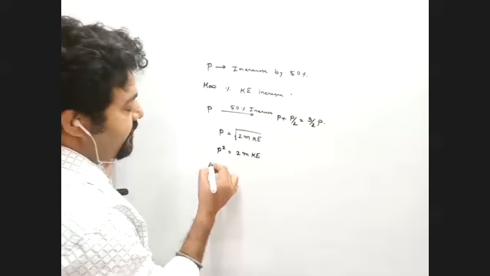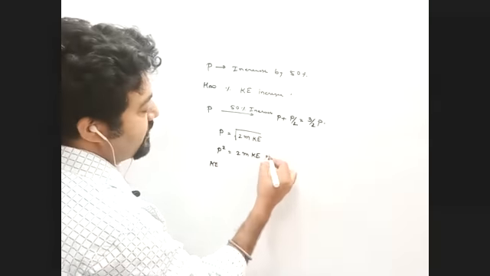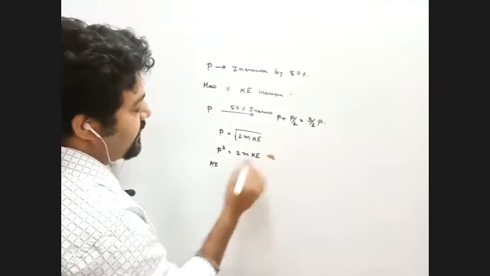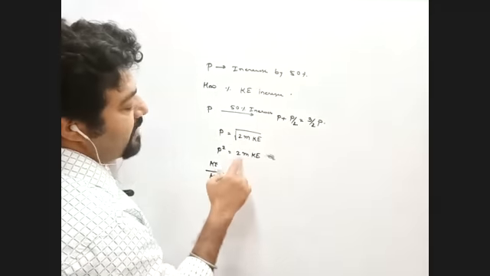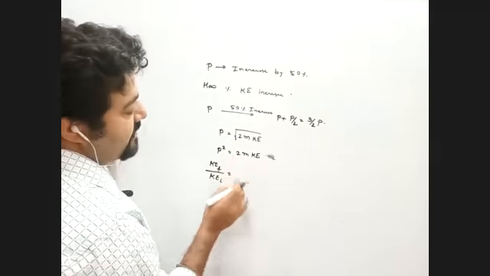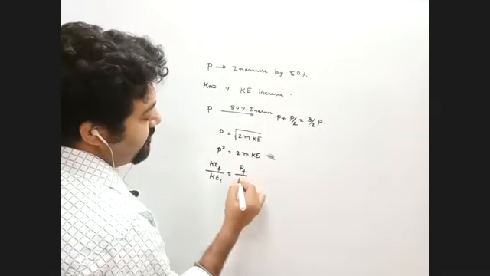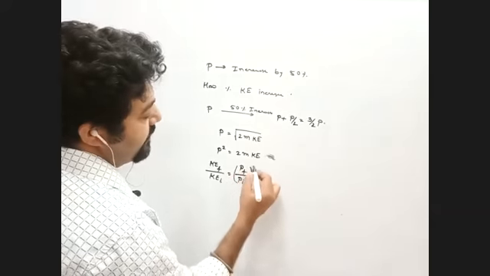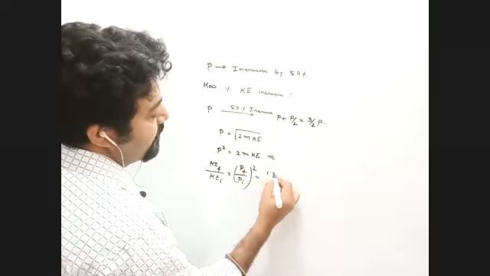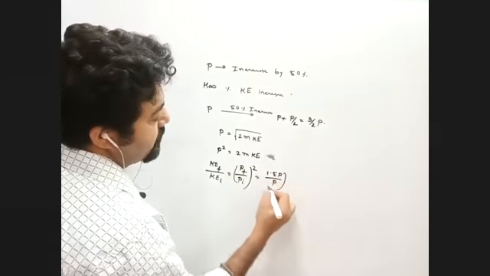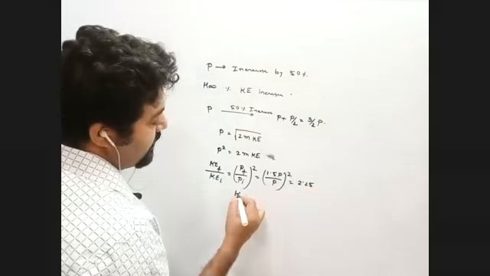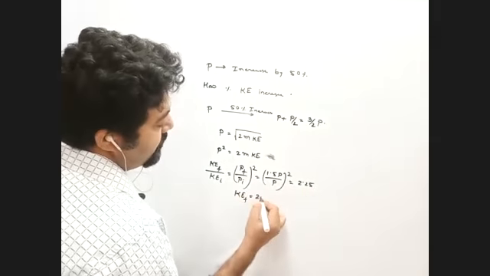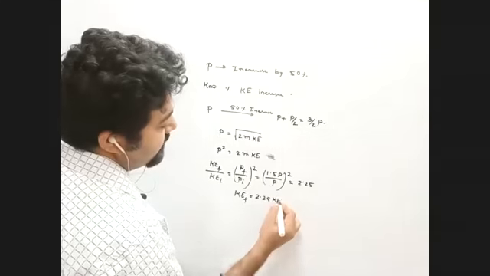So kinetic energy final by kinetic energy initial, mass is same so you can cancel out, equals P final by P initial whole square. So we have 1.5 P by P square, which is 2.25. So kinetic energy final is 2.25 kinetic energy initial.